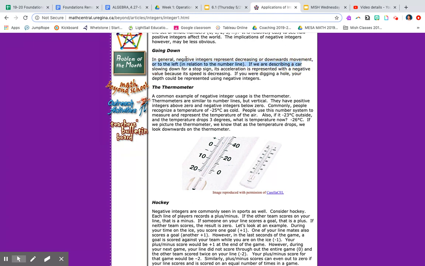If we are describing a car slowing down for a stop sign, its acceleration is represented with a negative value because its speed is decreasing. If you are digging a hole, your depth could be represented using negative integers.